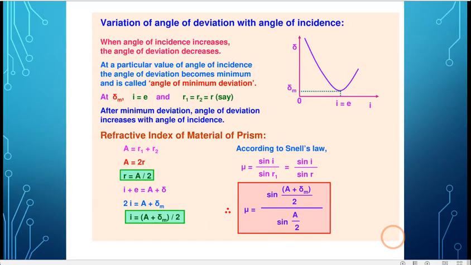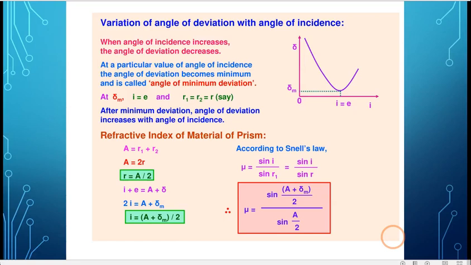Move towards the next point. We are going to discuss the variation of angle of deviation with angle of incidence. Now we know that when angle of incidence increases, the angle of deviation decreases. At a particular value of angle of incidence, the angle of deviation becomes minimum, and that angle is called the angle of minimum deviation.